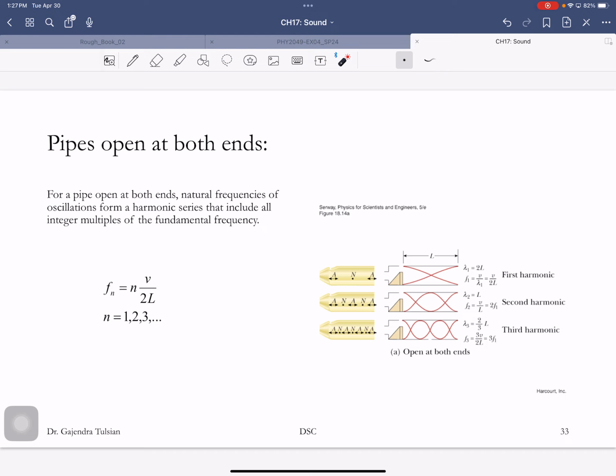I've got to have some kind of amplifier. That's the sound box in an acoustic guitar. In an electric guitar, you use electronics to convert the vibrations into an electrical signal, and then you amplify them. So all instruments will have something that vibrates that's generating a sound, and they have some kind of amplifier built in.